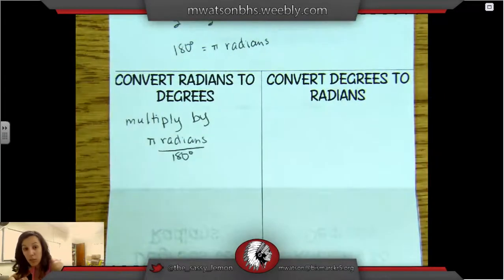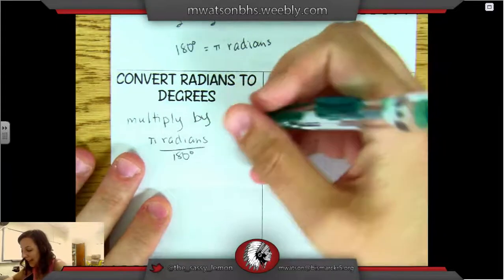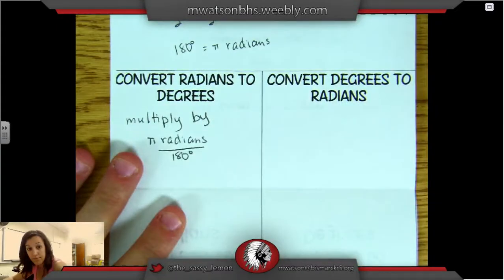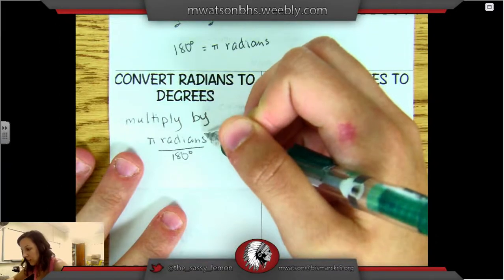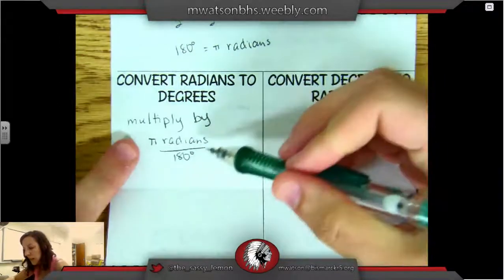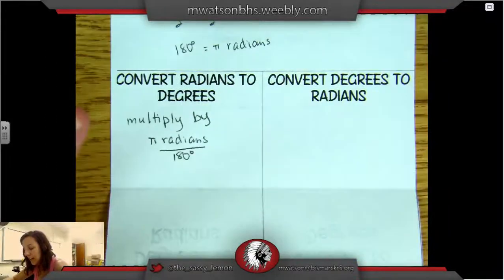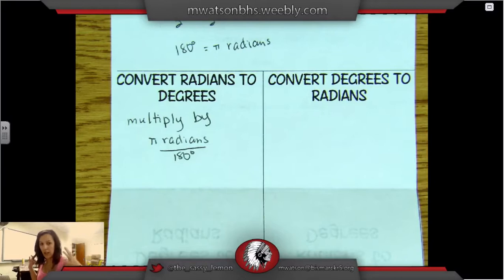They're the same thing. So basically we're just multiplying by 1. When you have something on top equal to something on bottom, they cancel and equal 1. Remember all that? So when we multiply a degree by pi over 180, we're really multiplying by 1. So it's okay. It's legal in the math world.